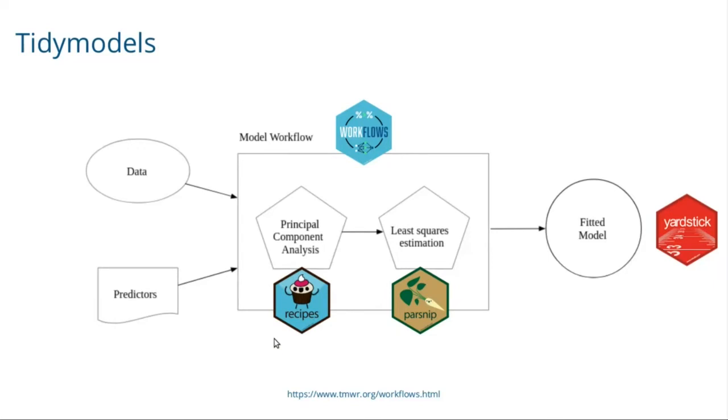For the principal component analysis, we have this package called recipes. It's a recipe, just like in the kitchen, you have the step-by-step things that you are interested in doing. And then from that, you can pass anything through parsnip. It's a really cute name. They all have such cute names. It has all the models you have: your classifier, your linear regression, whatever it is that you're interested in, it's basically there on parsnip.